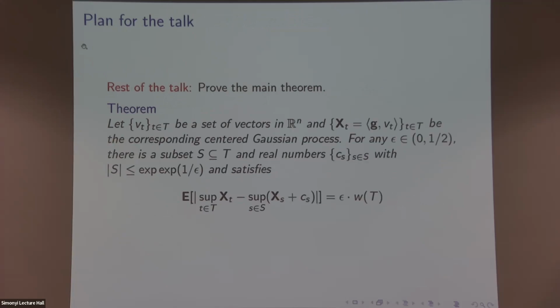I'm claiming that there's a subset of size exponential in 1 over epsilon, so some constant dependent just on epsilon, I'm not going to think too much about it, such that the original Gaussian process is well approximated by this small set, the small Gaussian process. That's the main theorem. And the expected error is epsilon times the Gaussian width.